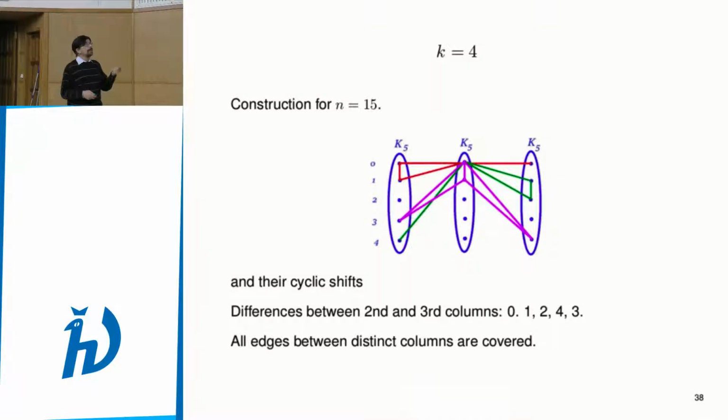So all these edges, 5 times, this is 1, 2, 3, 4, 5. 5 times 5, they are all different, which is 25, and we have 25 edges between. So it means that every edge between these two, or these two, or these two, is covered by this 4-element subset. So it works.